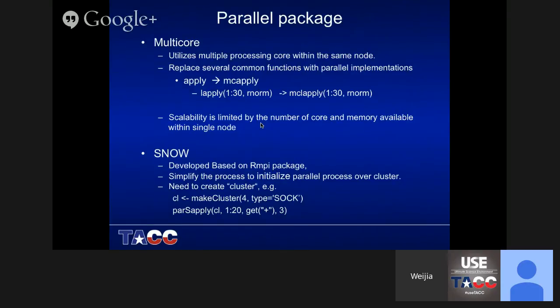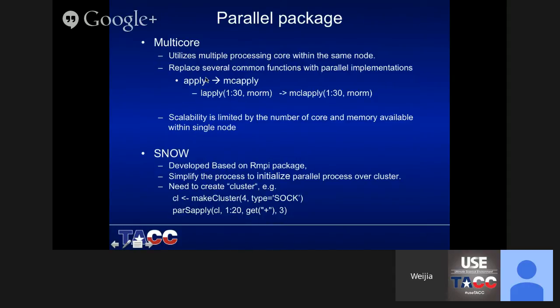Just at a higher level, the parallel package basically contains two components. One is called multicore. It used to be a separate package. The multicore package allows users to utilize the multiple cores available inside a node. In the basic introduction section, we introduced the apply function, the lapply function.